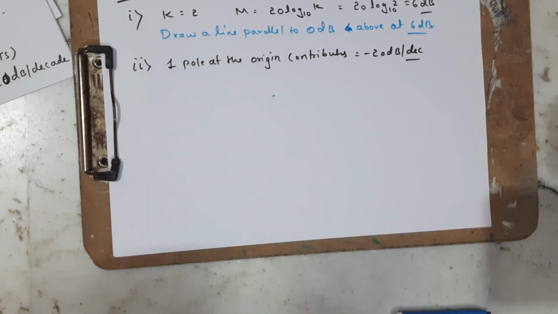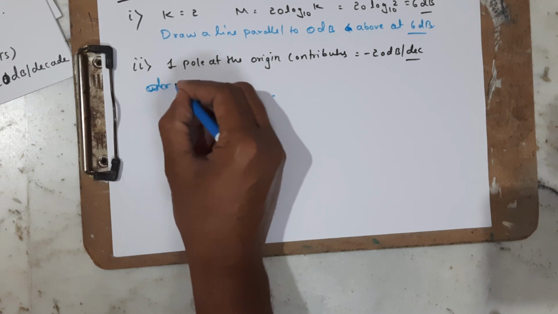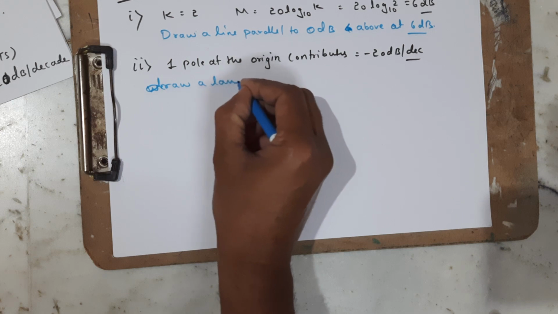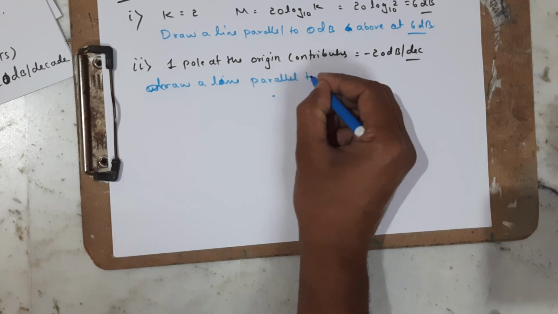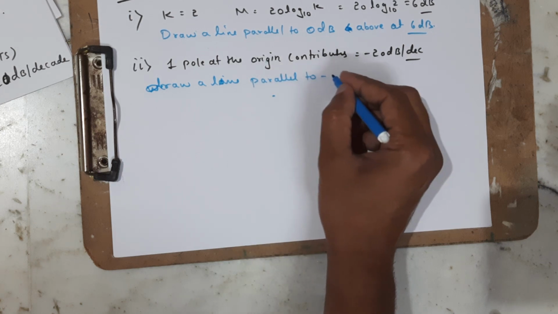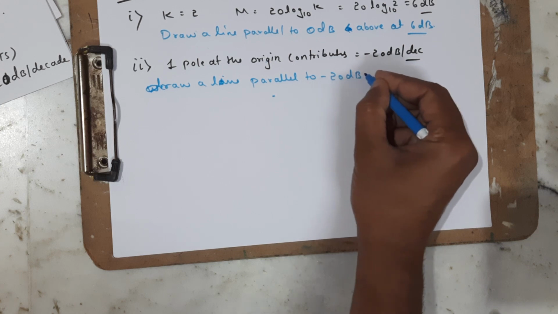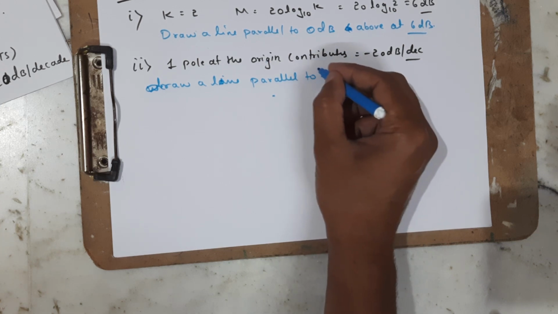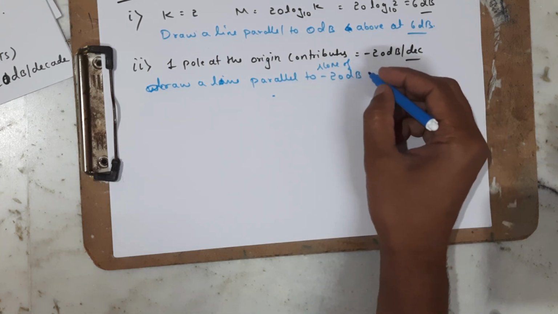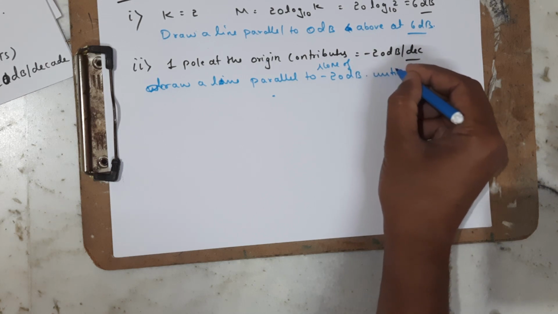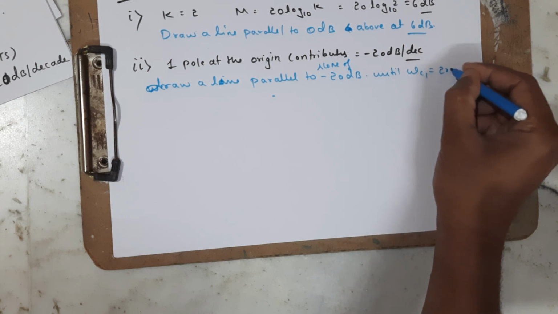So what we are going to do is draw a line parallel to the slope of minus 20 dB until omega C1, that is 2 radians per second.